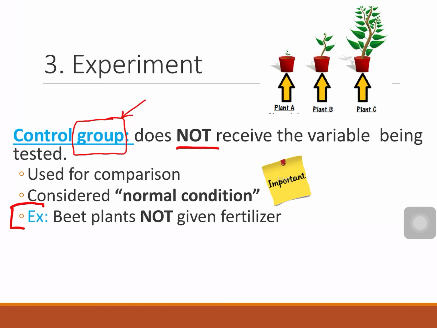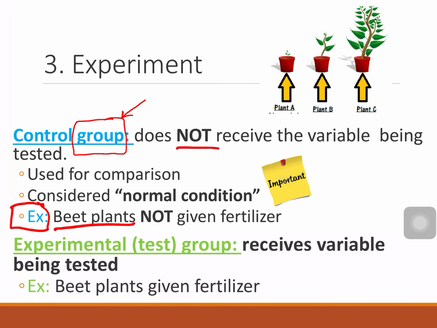My example is my control group are beet plants not given fertilizer. The important thing when we're talking about groups is you have to include the individuals that you're testing. In this case, it's the beet plants. So beet plants not given fertilizer, that is my control group.